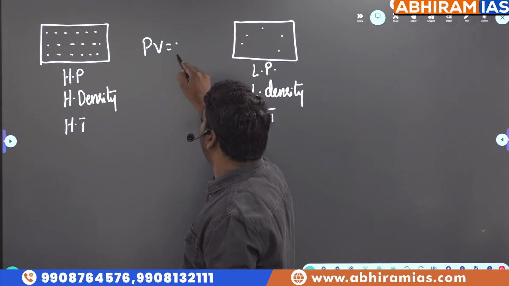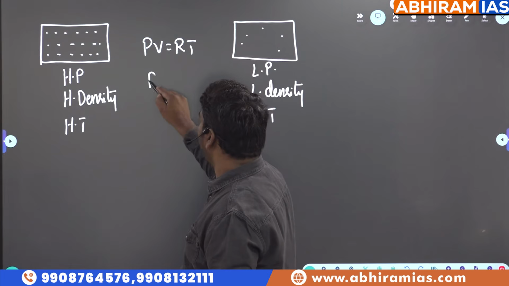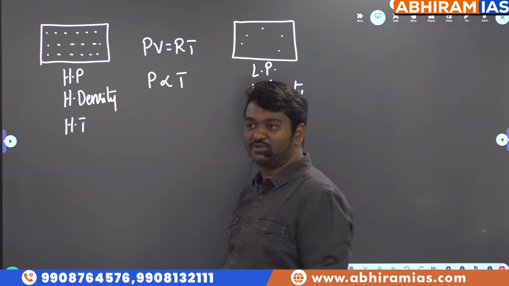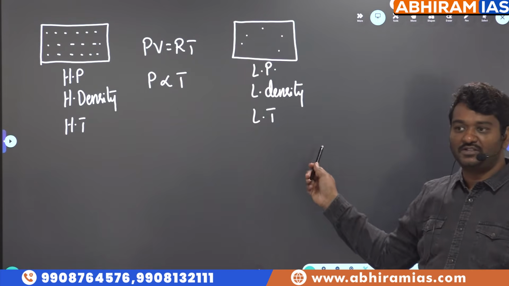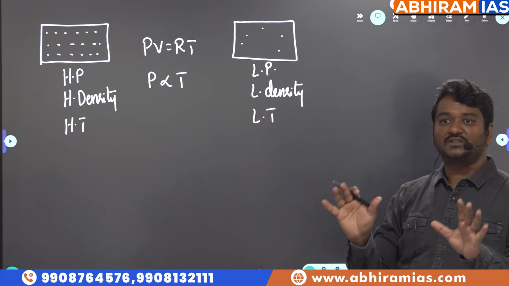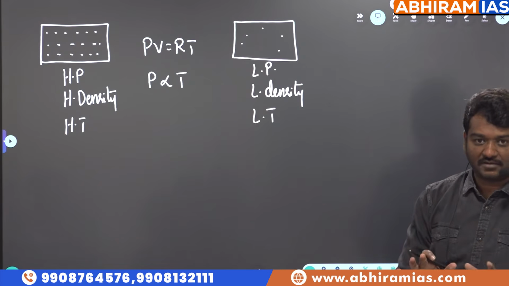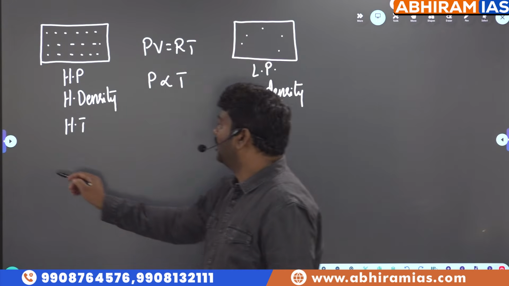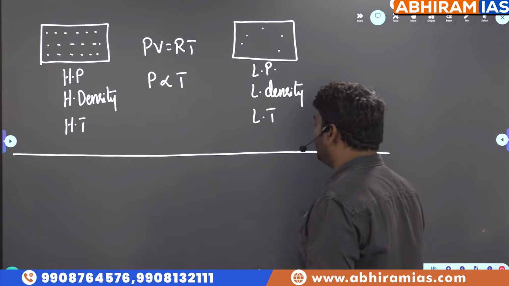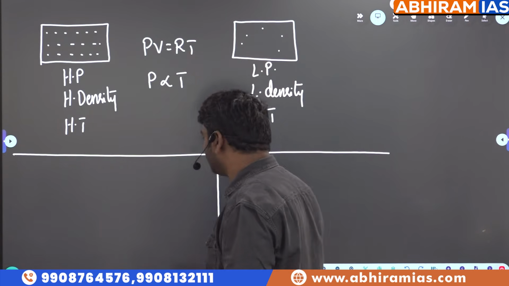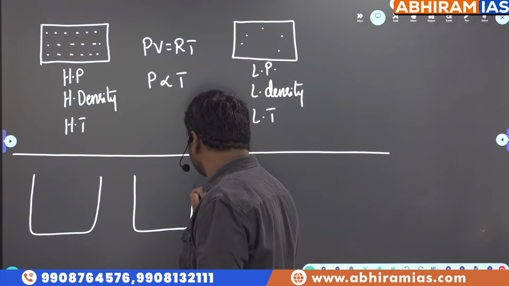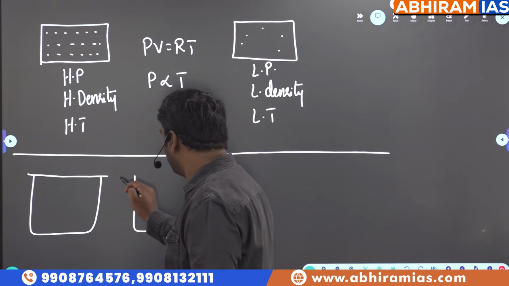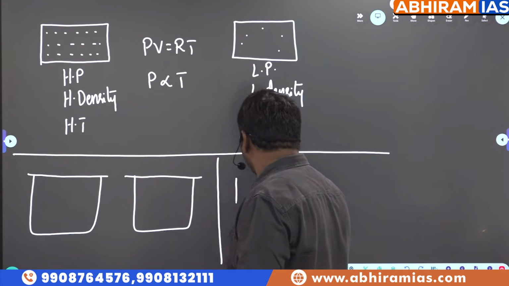Boyle's law, PV is equal to RT, P is directly proportional to T. High pressure leads to high temperature, low pressure leads to low temperature. This is what occurs anywhere in the nature. This is first point. Second, you see, wherever you have difference in the pressure, okay? See, climatology is based on this, guys. Because of misconception, entire climatology goes wrong.